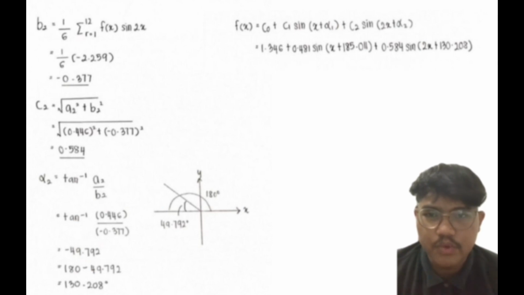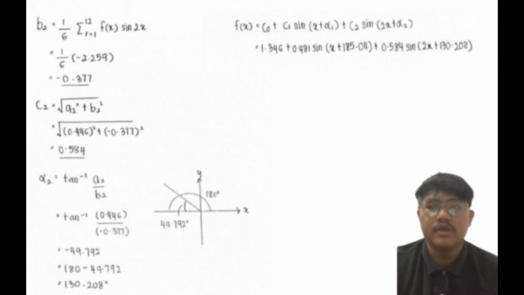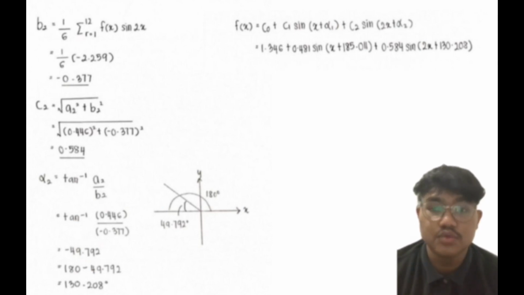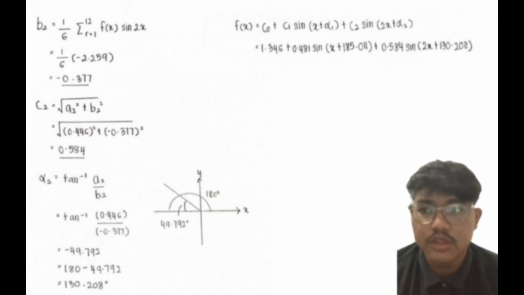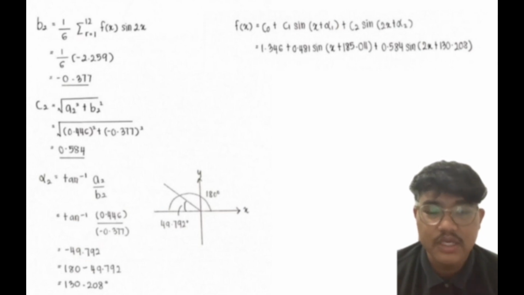And then we find the value of alpha 2, which equals tan inverse of A2 over B2. And then we get the value negative 49.792. As we can see, the value of A2 is positive and the value of B2 is negative.